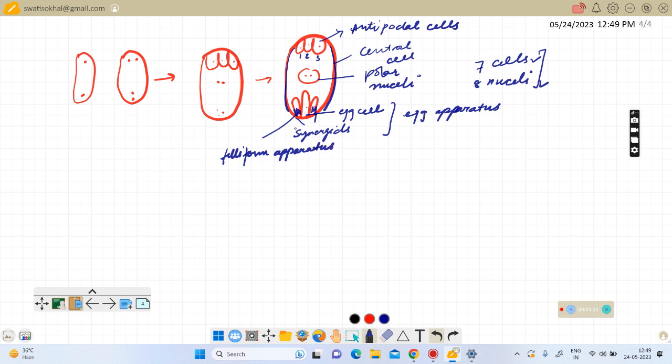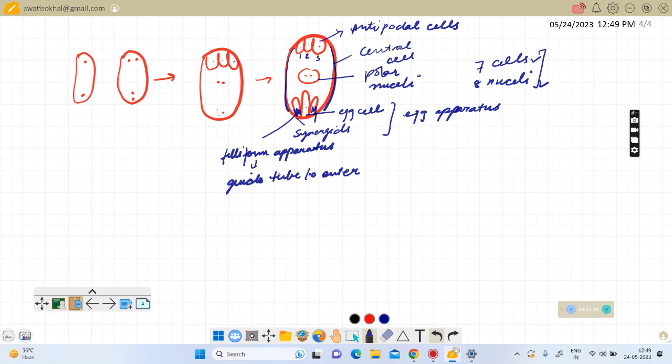Here the cell material is thickened. It has a special function: it guides the pollen tube to enter into the embryo sac. This is, beta, the mature embryo sac.